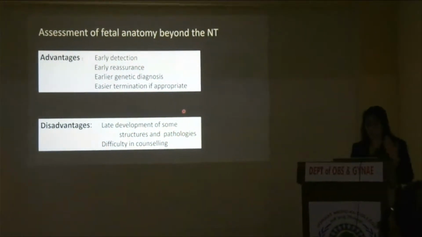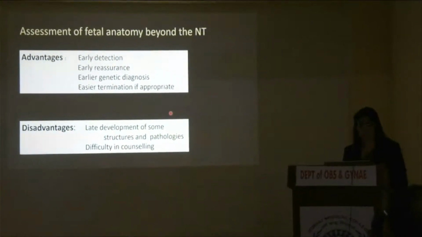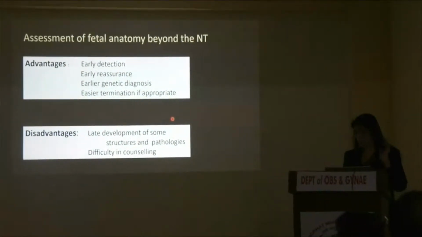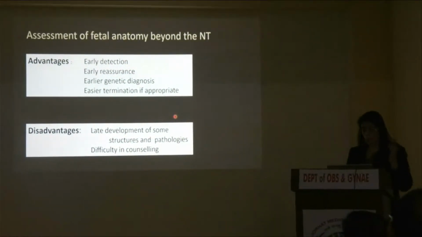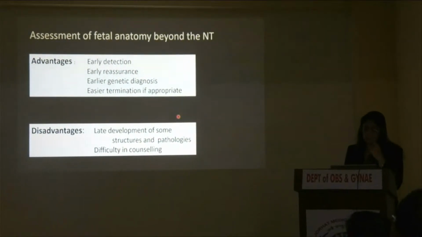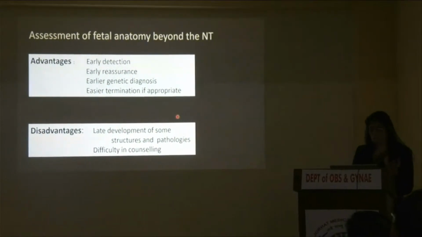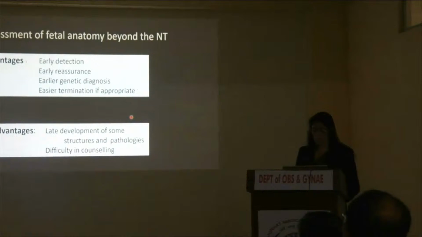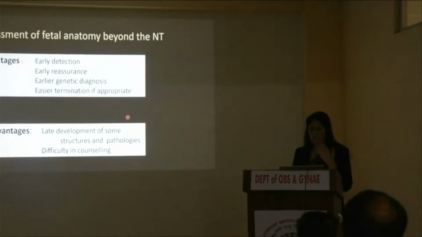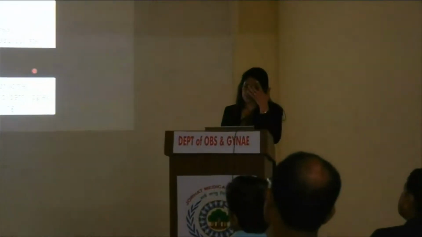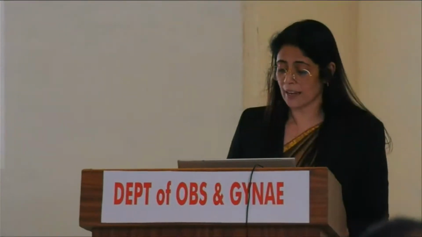We see that fetal anomalies are evolving anomalies, and the disadvantage is that certain anomalies, especially like those of the corpus callosum, which completes its development only by 20 weeks, we cannot see. And sometimes, if this 11 to 14 weeks aneuploidy scan does not detect a particular anomaly, and we see it later in the 20-week scan, then there might be difficulty in counseling.